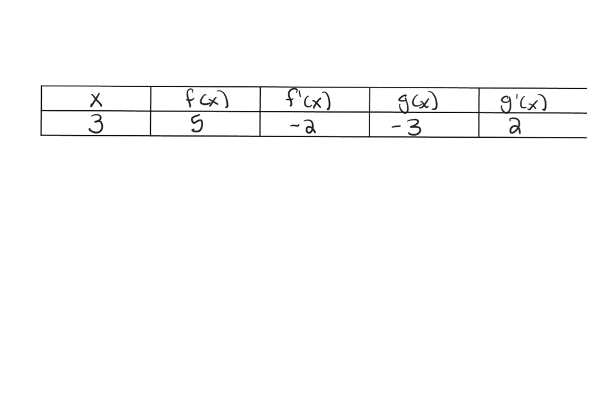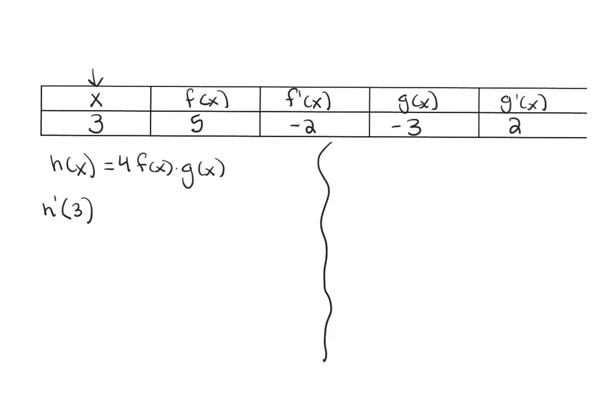And we're going to figure out, well, first I'm going to give you a function. I'm going to say h of x is 4 f of x times g of x, and we're going to calculate h prime of 3. So the derivative of h at x equals 3. And then I'll have another function, let's say p of x is 2 f of x over g of x, and we will also calculate p prime at 3.